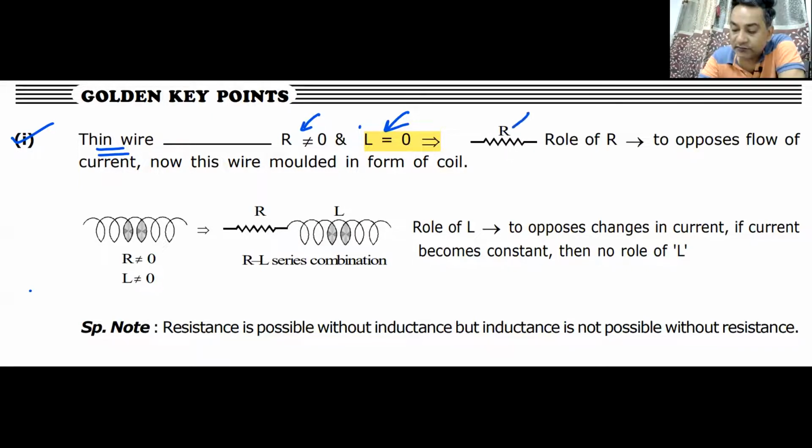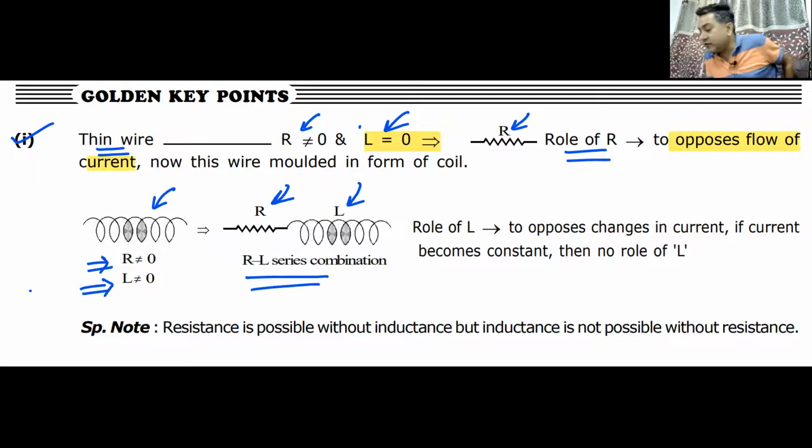This is how you denote R. What does resistance do? It opposes the flow of current. If you mold this wire in this form, it will have resistance as well as inductance. So it will be a combination of L and R. It will be an LR combination.